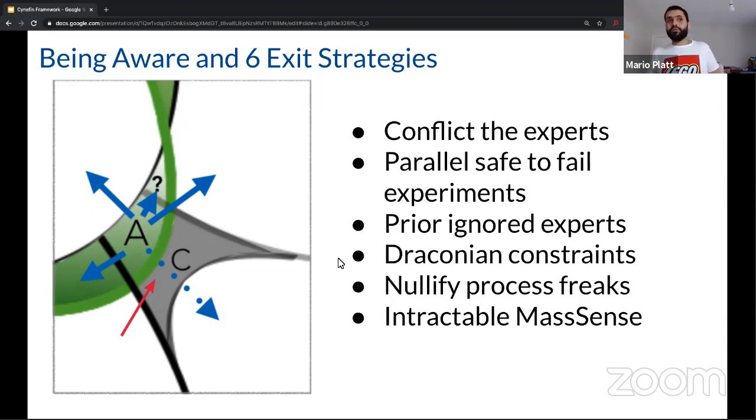Another example could be introducing draconian constraints. This would be more an approach to dealing with the chaotic, right? Where you introduce urgent constraints to deal with an issue. So a cyber example could be, let's say that something really bad happened in our organization, and we were delivering software with lots of vulnerabilities.